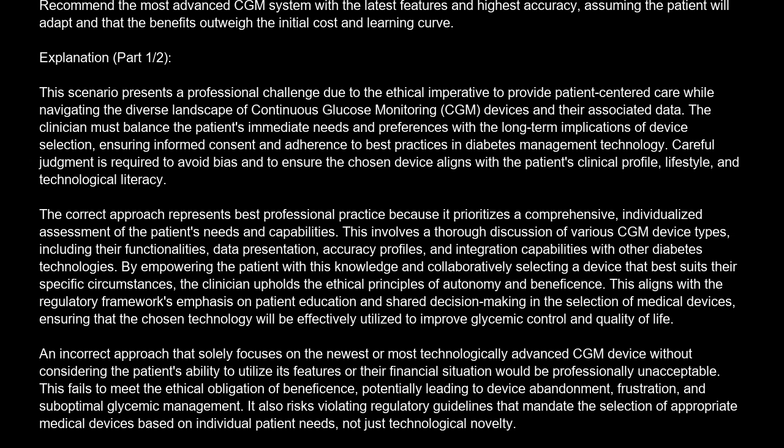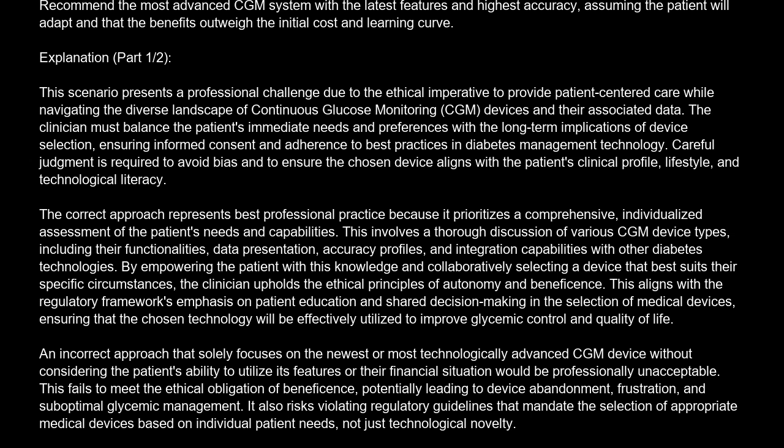By empowering the patient with this knowledge and collaboratively selecting a device that best suits their specific circumstances, the clinician upholds the ethical principles of autonomy and beneficence. This aligns with the regulatory framework's emphasis on patient education and shared decision-making in the selection of medical devices, ensuring that the chosen technology will be effectively utilized to improve glycemic control and quality of life.